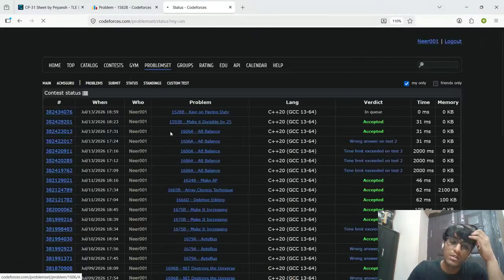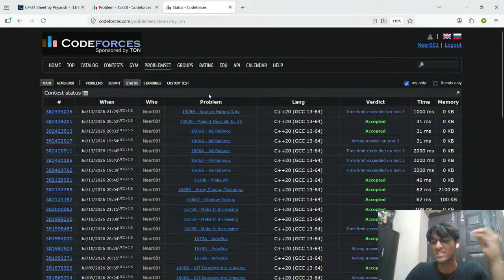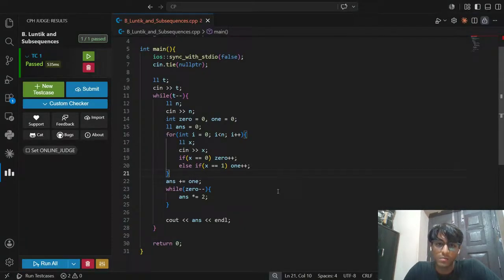P is 1000 and N is 60. How can there be a time limit exceeded?